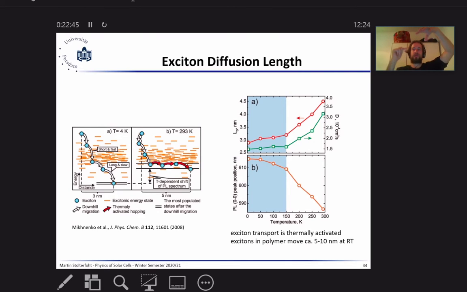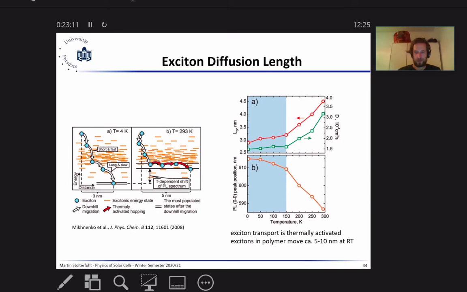This is how much fluctuation the room temperature gives you in energy. 25 millielectron volt compared to the exciton binding energy of 700 millielectron volt. So the room temperature cannot split this exciton. So the exciton will always be bound together and move around.